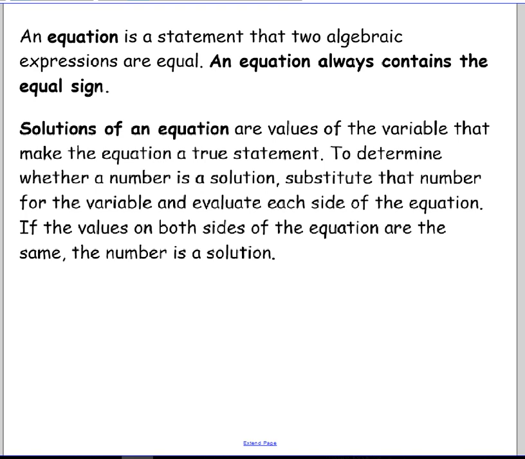To determine whether a number is a solution, we'll substitute that number for the variable and evaluate each side of the equation. If the values on both sides of the equation are the same, then the number is a solution. So we're going to do some more evaluating, so plugging in those values that they tell us that the letters represent, but now we have to see whether or not it's true or not. So whether or not that number makes the statement true.